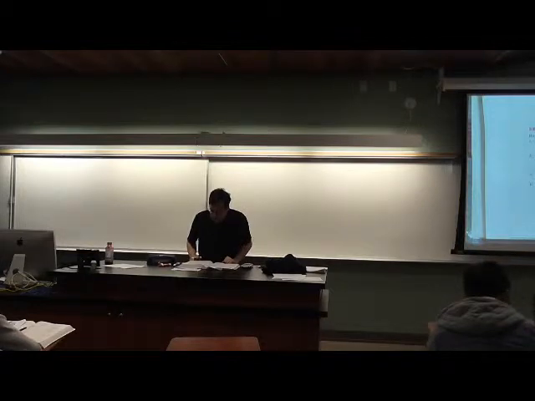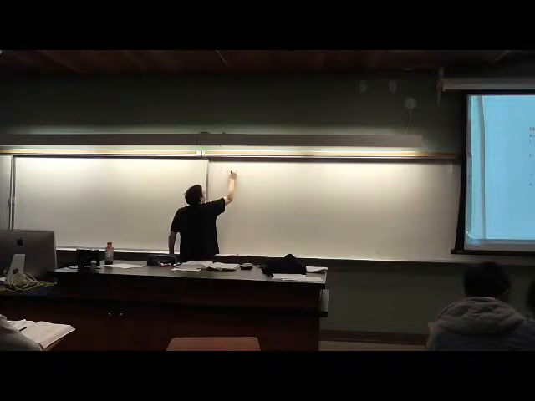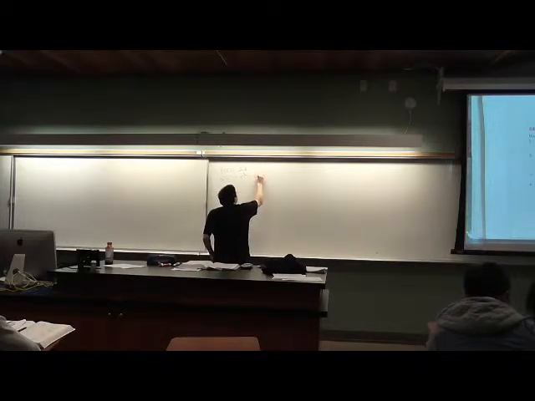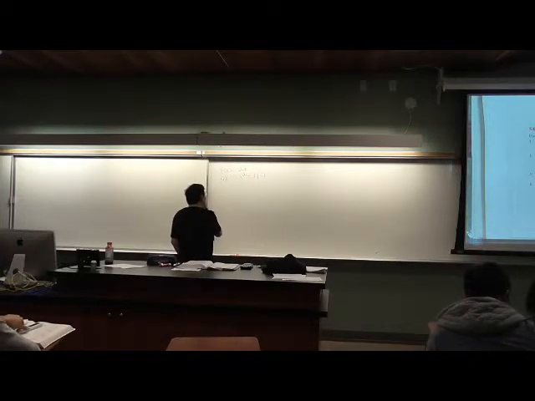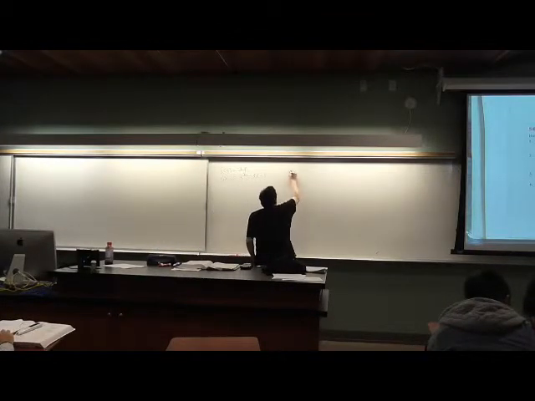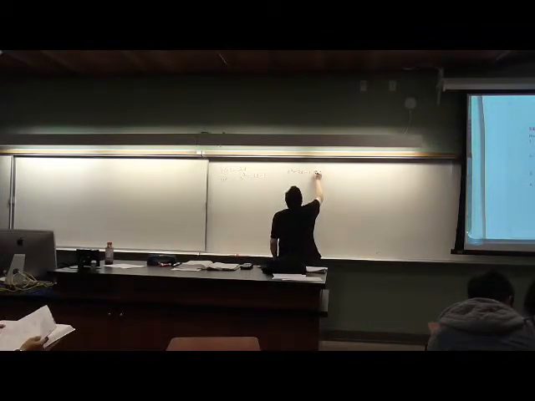Okay, so the two functions are f of x equals 2x and f of x equals x squared plus 3x minus 6. So the first thing to do is to find out where they intersect. So let's set them equal. Negative 3 and 2.